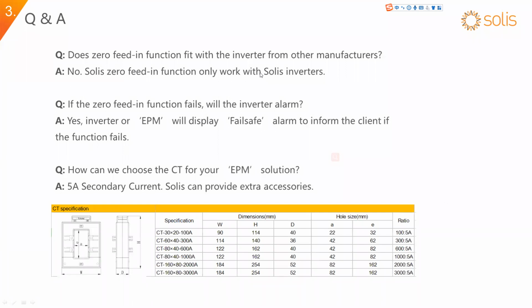But the EPM can only control at the same grid connection point. So each grid connection point, you can only use one EPM device. If your system has multiple grid connection points, then you should use more than one EPM device.